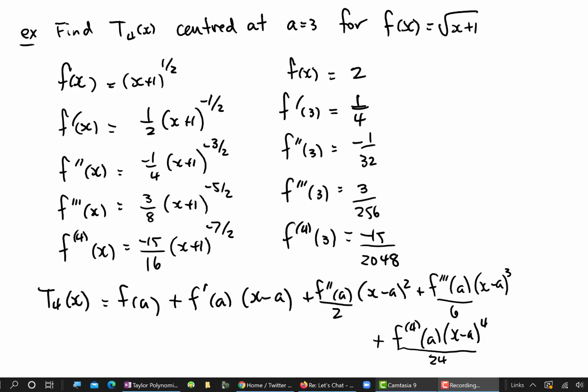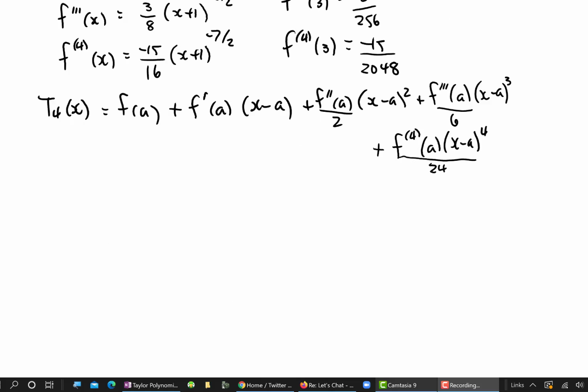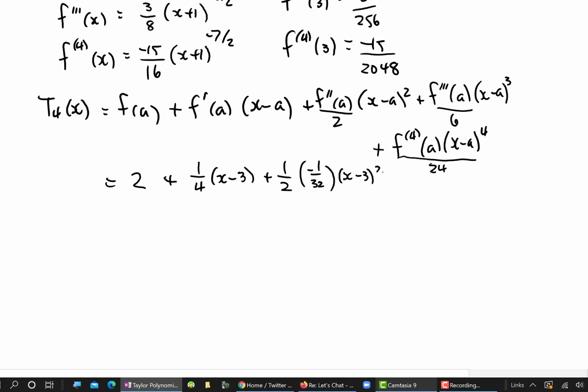And now since we have those f prime of 3's, we can substitute them in fairly quickly. So I get this constant term of 2, and then I get 1/4 times x minus a. I get 1/2 of negative 1/32. And of course, this isn't x minus a, this is x minus 3, and so x minus 3 gets squared.